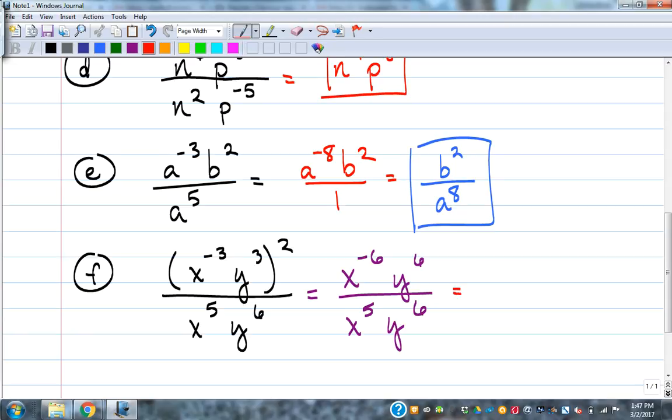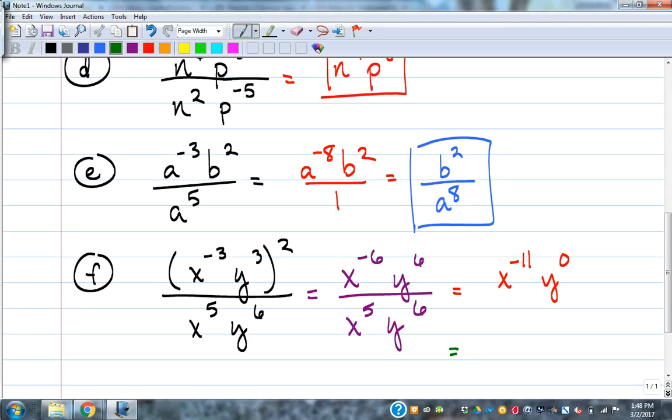What do we do next? Subtract. Okay? So the x's would be negative 6 minus 5, which is negative 11. So we got x to the negative 11, y to the 0 power. What is anything to the 0 power?